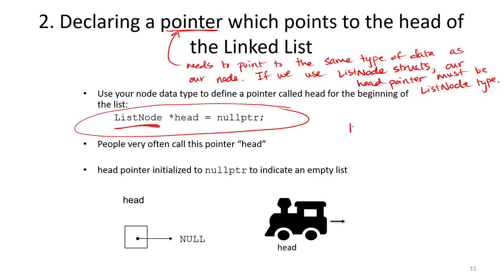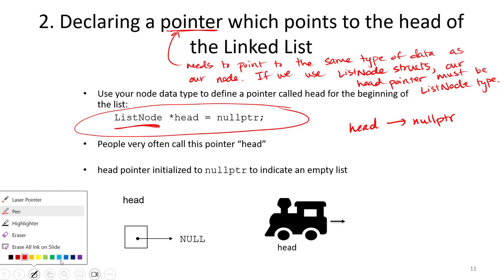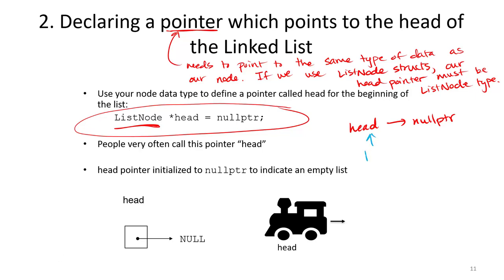So what this is doing is creating a pointer named head and making it point to the null memory address, where head is a pointer of listNode type.